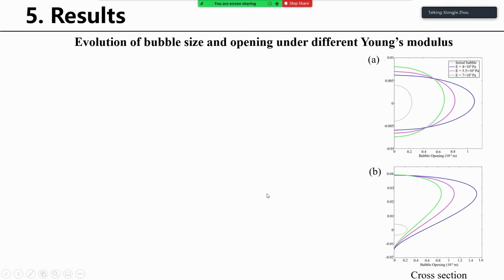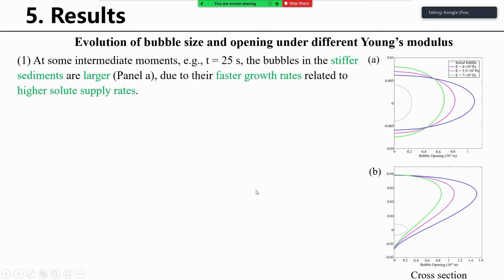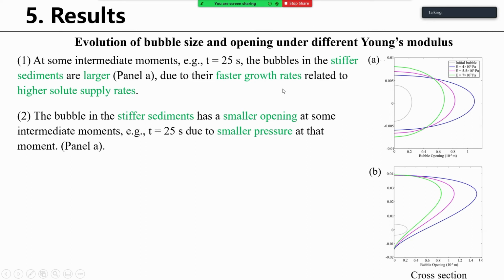For Young's modulus, at some intermediate moment, the bulbs in stiffer sediments here are larger, as we can see from the vertical size, due to the faster growth rate. The bubbles in the stiffer sediments have a smaller opening at some intermediate moment due to the small pressure at that moment.